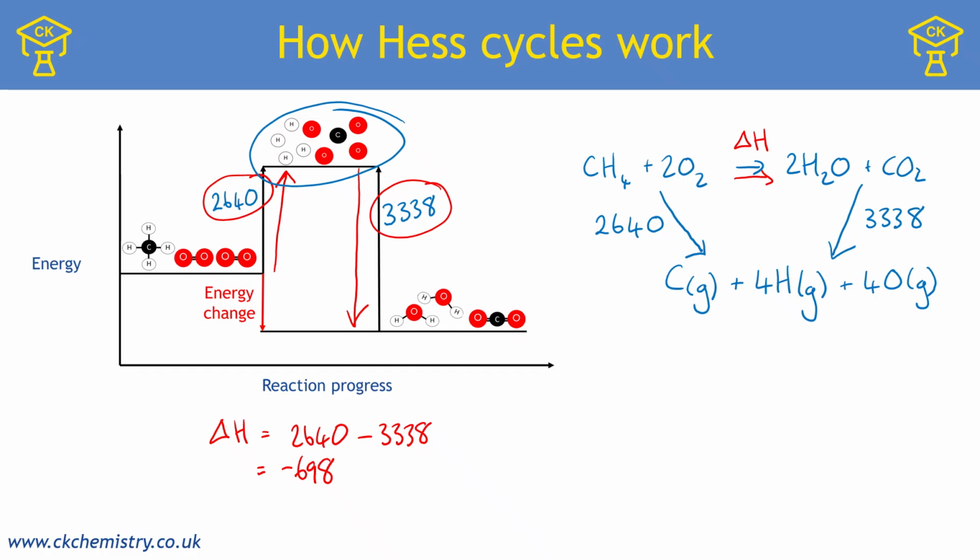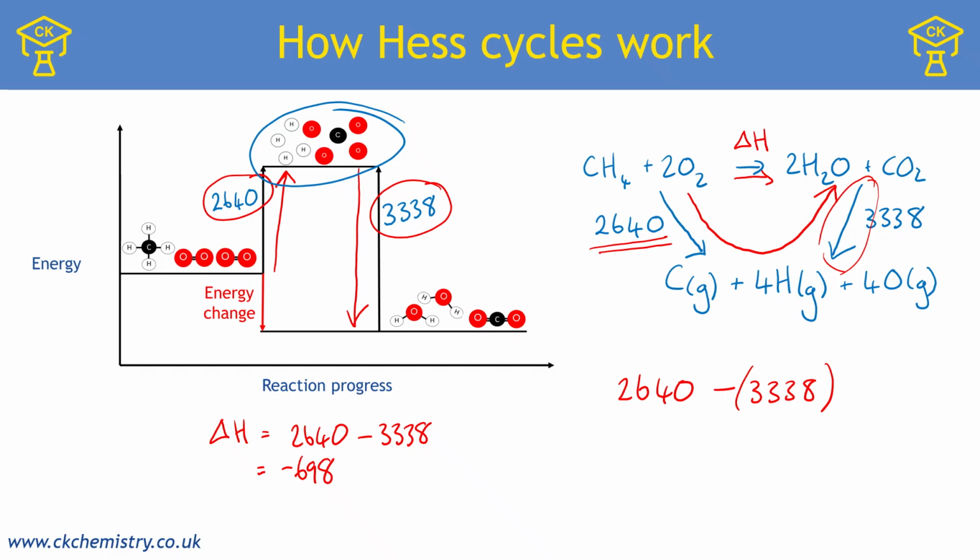A different way of getting there would be if I were to break all the bonds and then make them again. And so what you can see is I'm going with this arrow here. So I don't change the sign, it stays endothermic, but I'm going the opposite direction to this arrow. So I'm going to change the sign to make it a negative value.